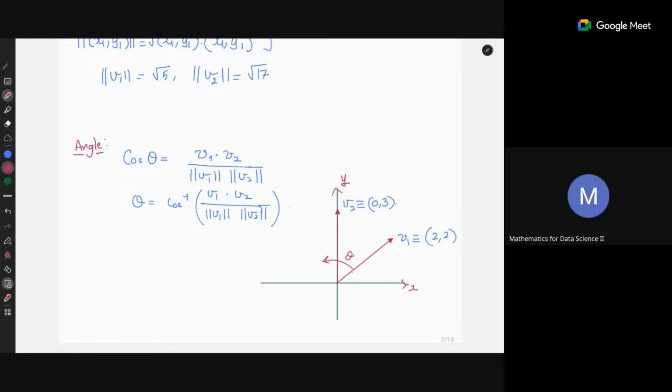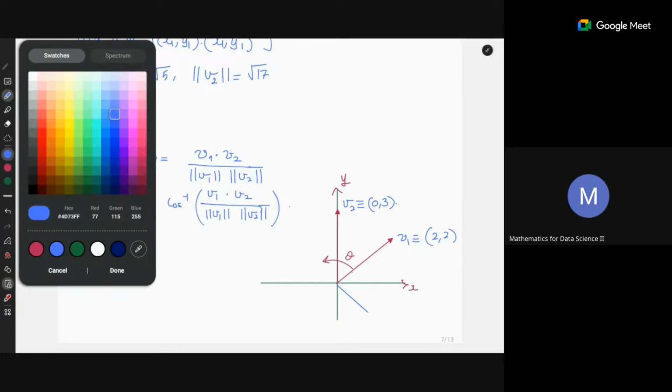But in case of R2, we usually take the shortest angle between these two vectors. You can also have a possibility of a vector which is in this direction, let's say.